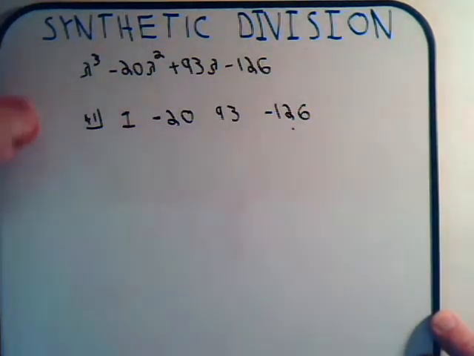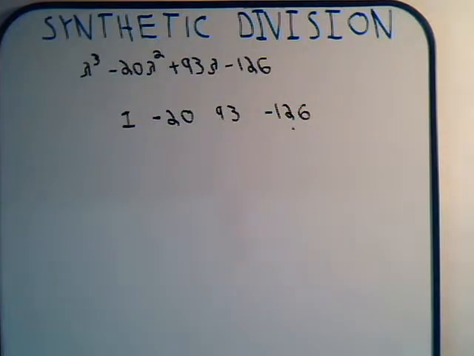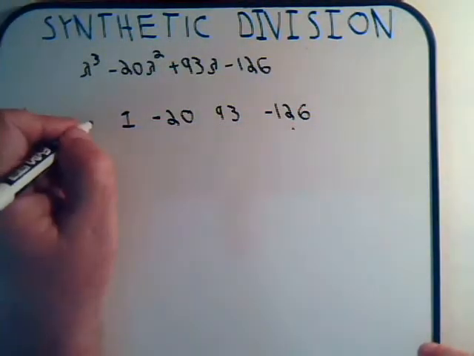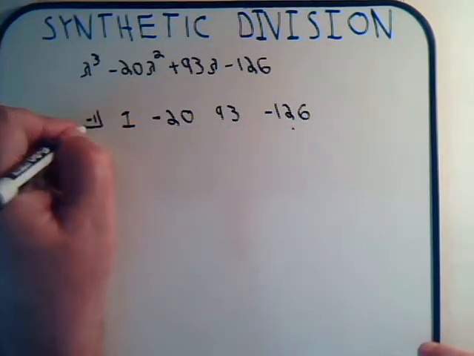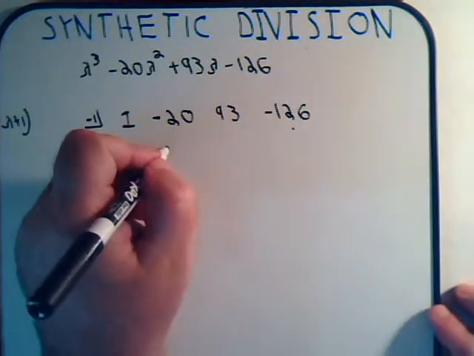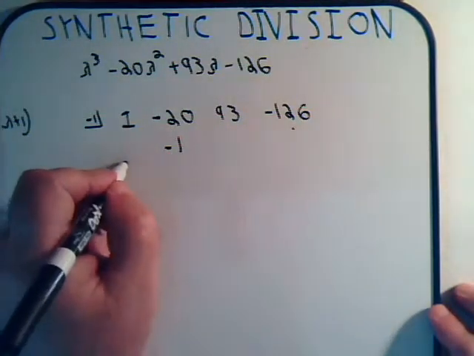What about, say, lambda plus 1 then? Could that be a factor? So we want to investigate lambda plus 1, and now we write down negative 1 here, and we write it underneath the second number.